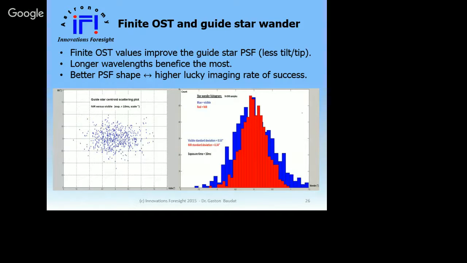And here you can see in infrared you are around 0.3. So there is 30 to 40% improvement in star wander. And that's important if you use that for guiding. Now, I don't think anybody will ever guide with 10 millisecond frames, right? So the reality is you have less and less effect when you increase the exposure time.